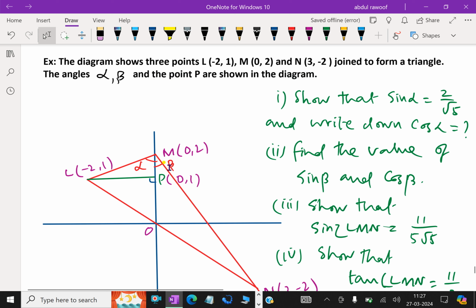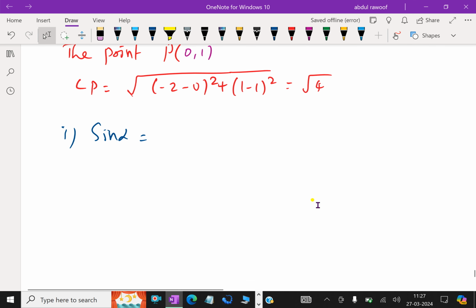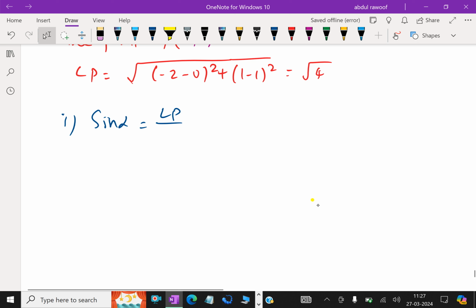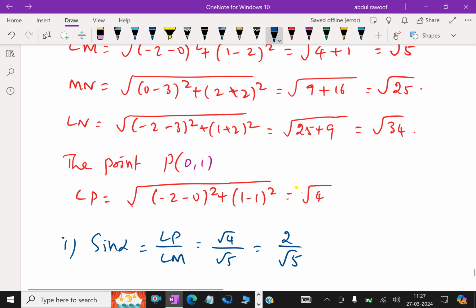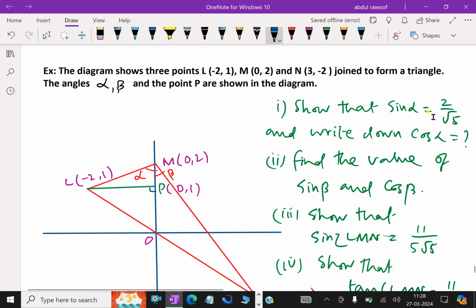For alpha, the opposite is LP over LM, which is square root of 4 over square root of 5, equal to 2 over root 5. So we showed that sine alpha is 2 over root 5.